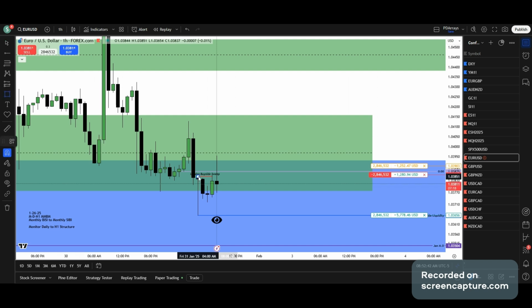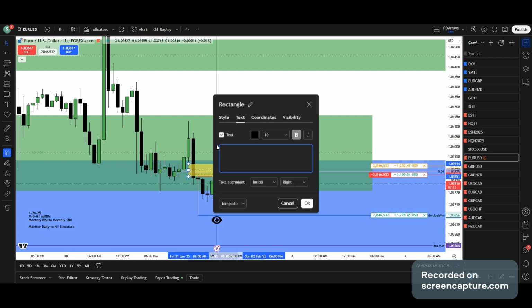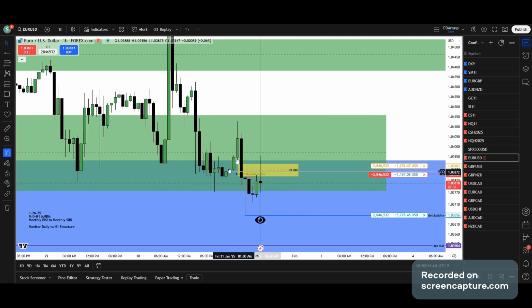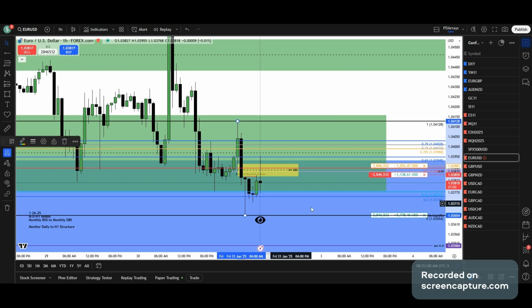We have an hourly inefficiency right there. That's an hourly SIBI, H1 SIBI. Okay. Run up into that. And I also believe this is OTE. Yep, 62% OTE. So it's also optimal trade entry.